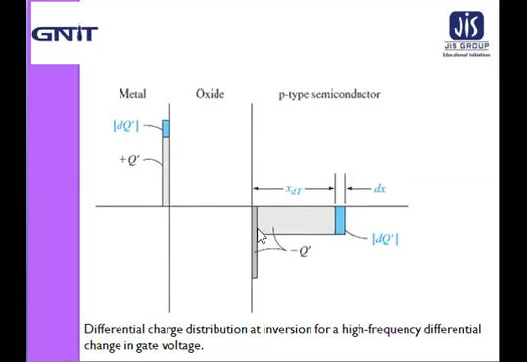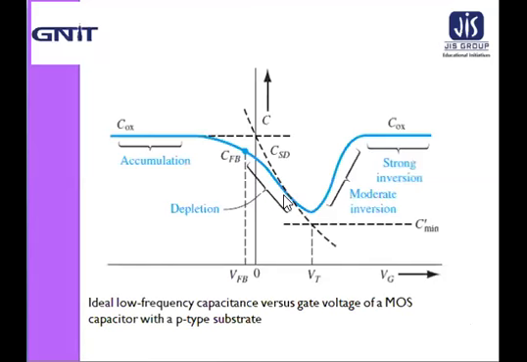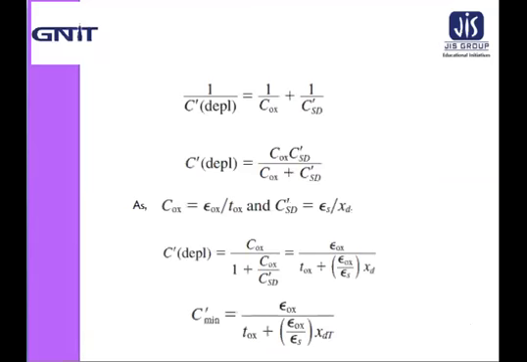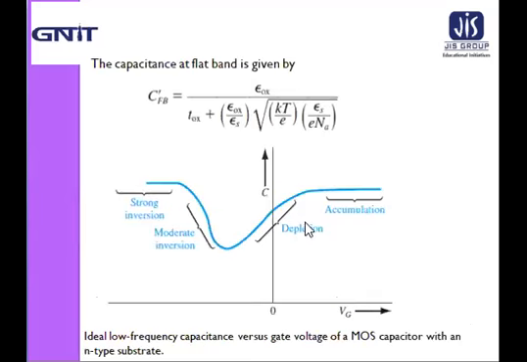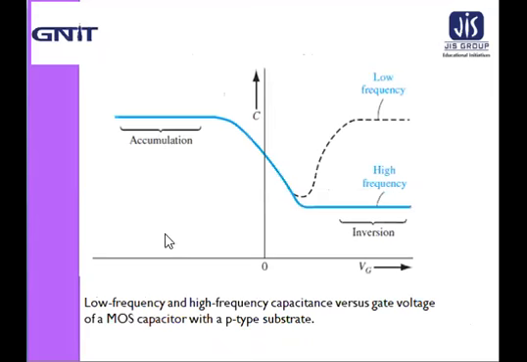The capacitance of the MOS capacitor then will be C prime min, which I have discussed in previous slides. For this condition, the capacitance of the MOS capacitor will be C prime min. The high frequency and the low frequency limits of the capacitance-voltage characteristics are shown in this figure.